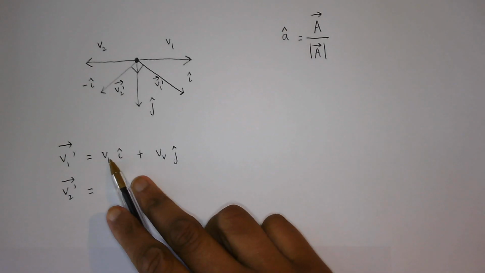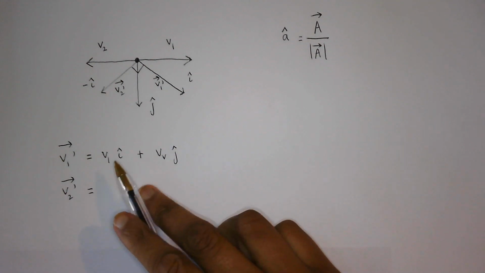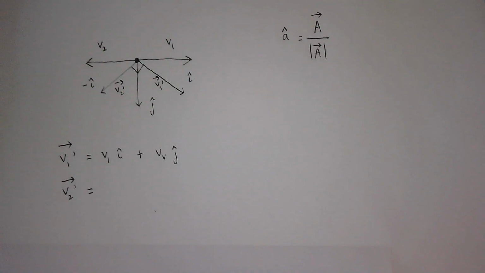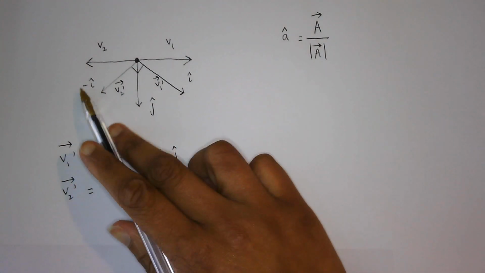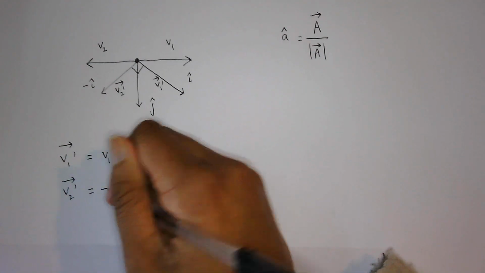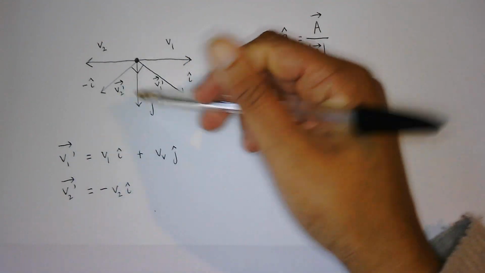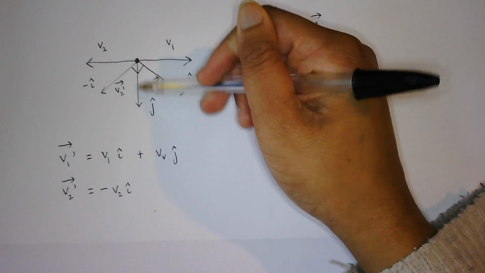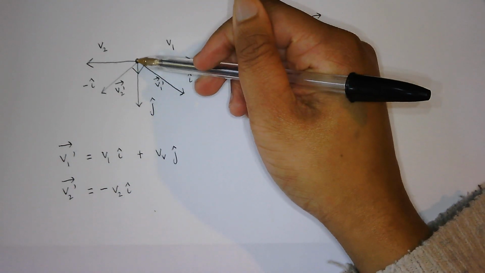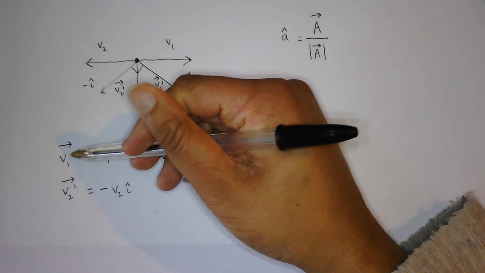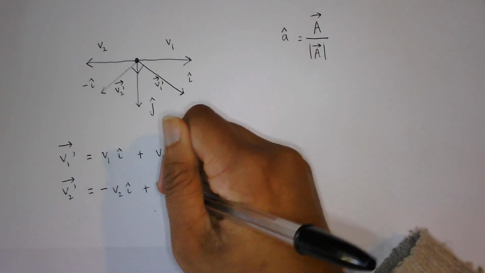So it will be its original horizontal velocity, which is v2, and we need to multiply it by its unit vector, which in this case is minus i, so it will be minus v2 i. And its vertical component is the same as the vertical component for v1 prime, so it's the same, v j.